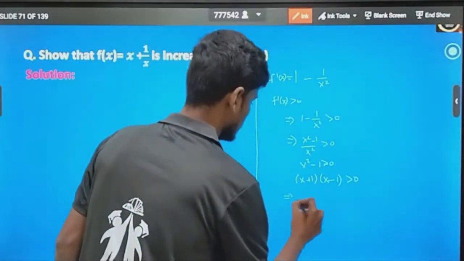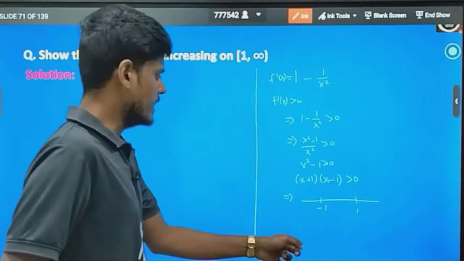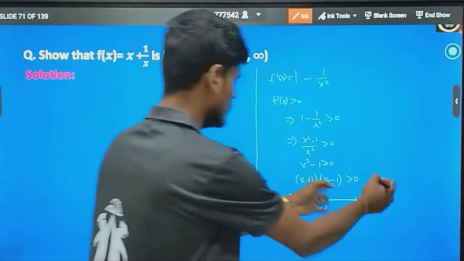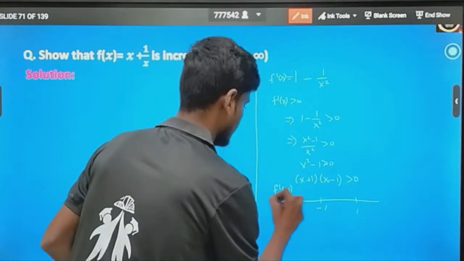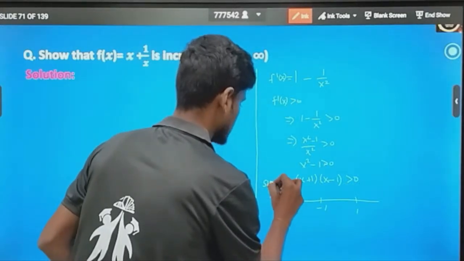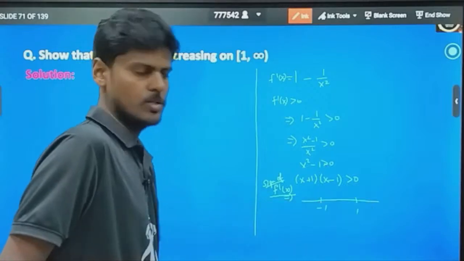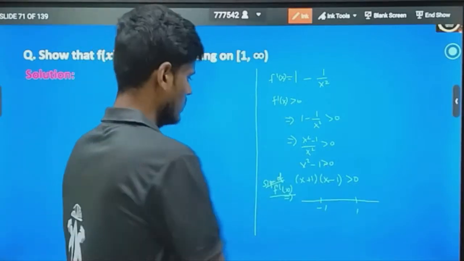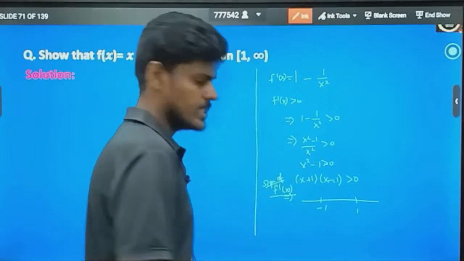Which means try to plot in number line. Between minus 1 to 1, in which interval this function f dash of x is positive. This is the sign of f dash of x. That will be between minus 1 to 1, take 0. 0 minus 1 is negative number, 0 plus 1 is positive.